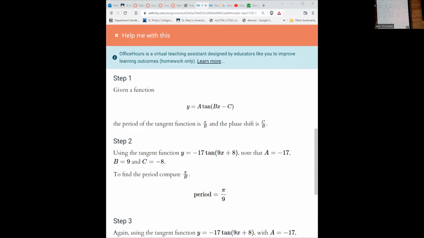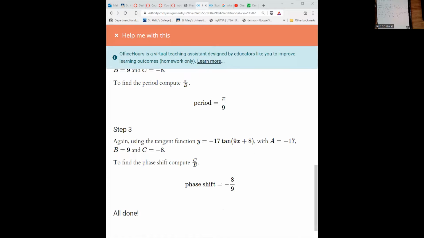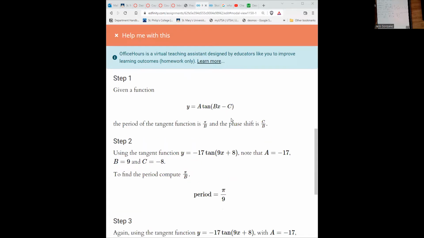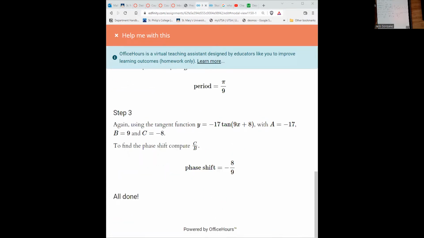Now for phase shift, there's a point we have to mention first. Notice how this is minus C and this is positive. So it's going to be opposite. The B is just straight up whatever the B is, but this is opposite. You'll see it on this example here. It's plus 8, so they put a minus.